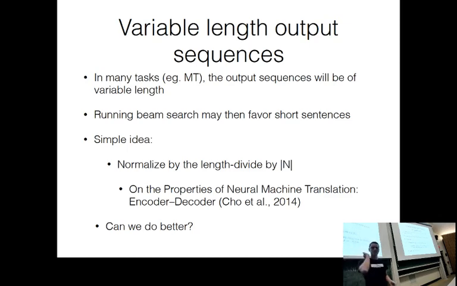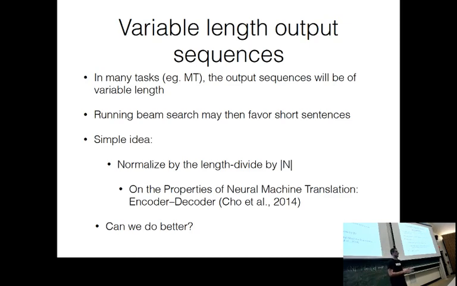And another potential problem is oftentimes you're going to have variable length output sequences. And longer output sequences are on average going to have lower probability. So if you're doing, for example, machine translation, and your target output should actually be really long, each time you're generating a word, the probability of the sequence is going down.